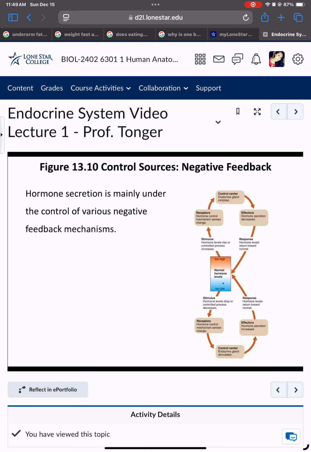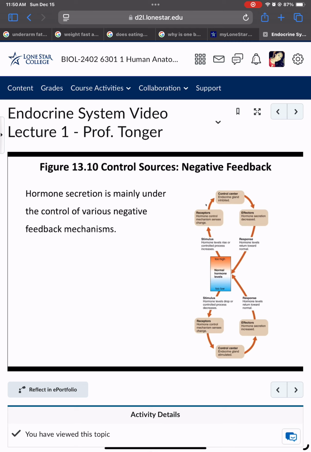Supposing your hormone levels are normal and suddenly they become too high, so the stimulus is an increase in the hormone level. Those hormones will reach the target cell. The hormone control mechanism senses this change via various receptors, and that signal will go to the control center, which here is your endocrine gland inhibition.